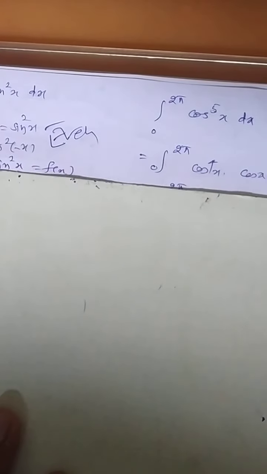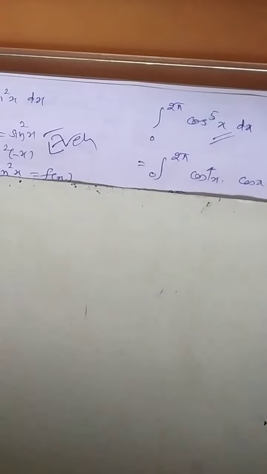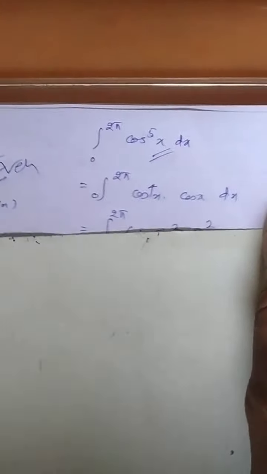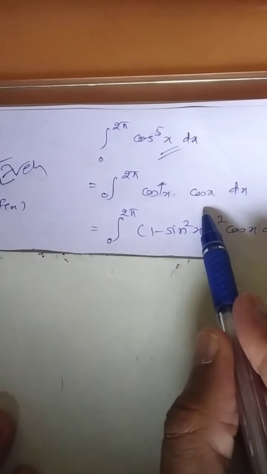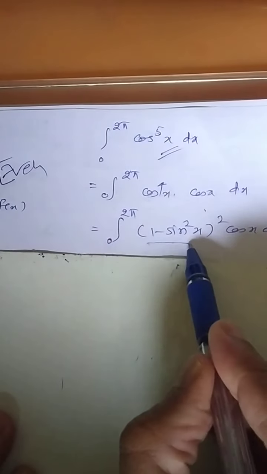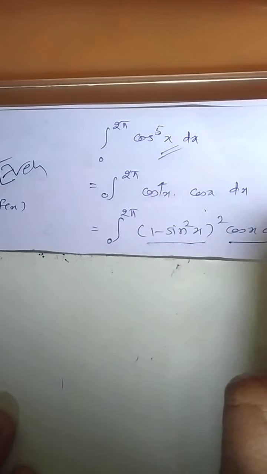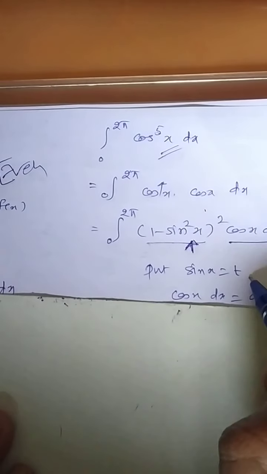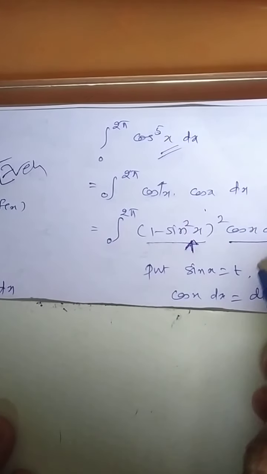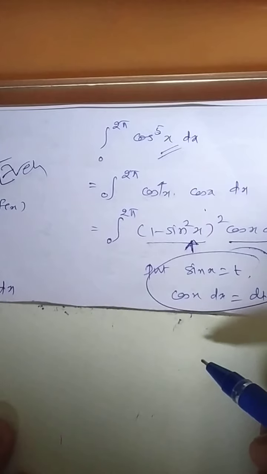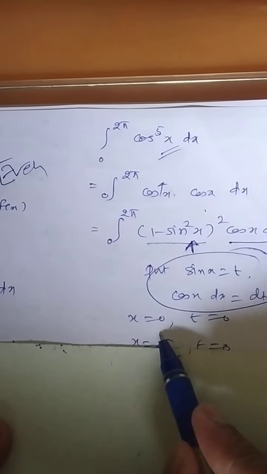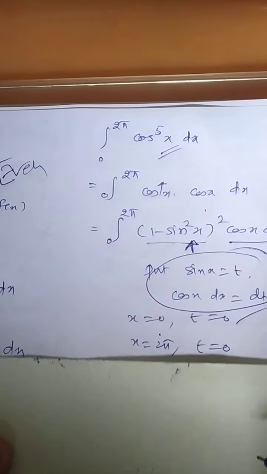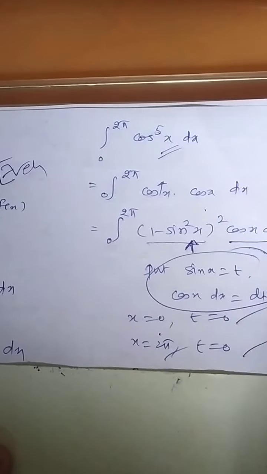Now the integral from 0 to 2 pi of cos raised to power 5. How do I answer this question? The degree is higher, so it can be written as cos raised to power 4 into cos x. Now this can be written as 1 minus sin square x the whole square, times cos x. So you can put sin x equal to t. Putting sin x equal to t, cos x dx will be equal to dt. But substitution means change of limit. If you replace x equal to 0, t is also 0. And if you replace x equal to 2 pi, then t is also 0.